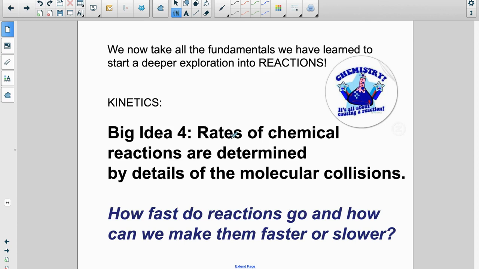Kinetics is all about figuring out how fast the rate of these reactions are, and looking at the details of the collisions to get a sense of how these speeds come about. We want to be able to figure out the rates of reactions, how fast reactions go, and be able to manipulate them to go faster or slower.